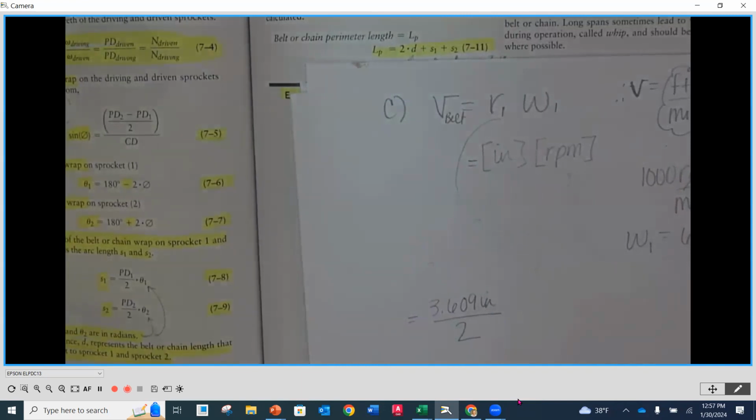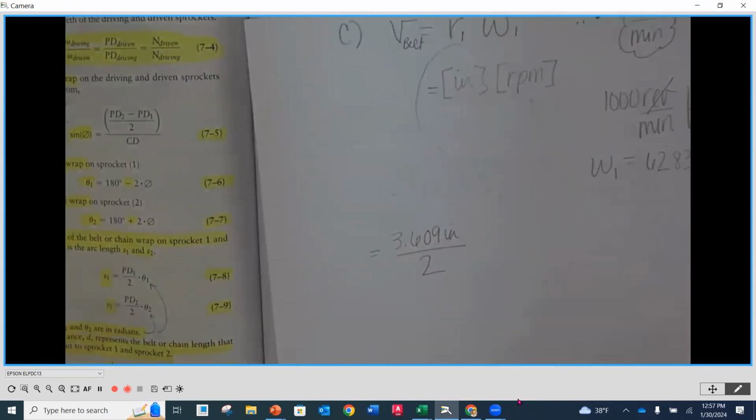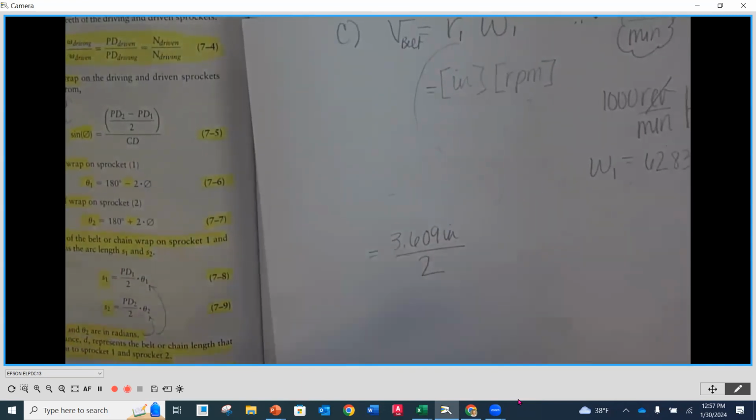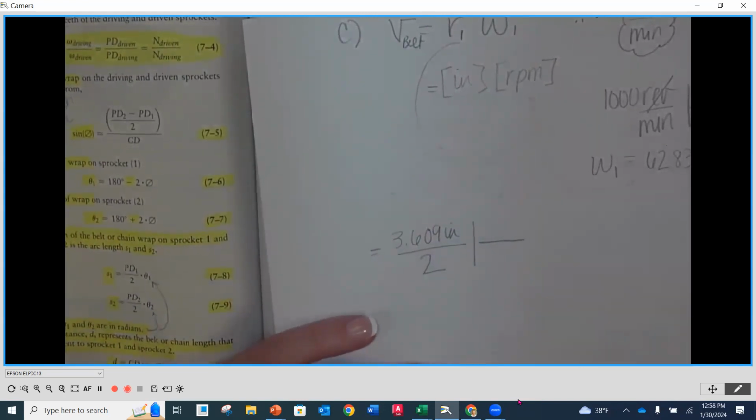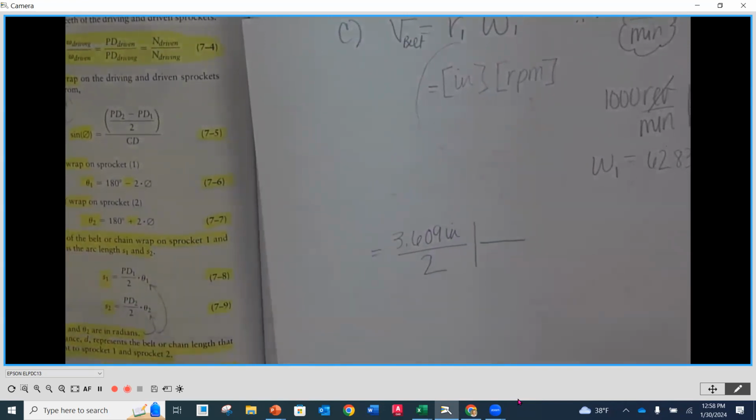So that's my radius number 1. Now I want to convert this right away to feet, right in my equation. If you had me for kinematics or basic mechanisms, I would always do conversions with the vertical lines, rather than the parentheses. This is just to signify that this part is a unit conversion.